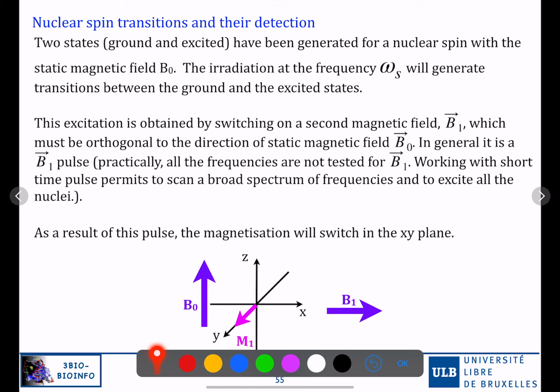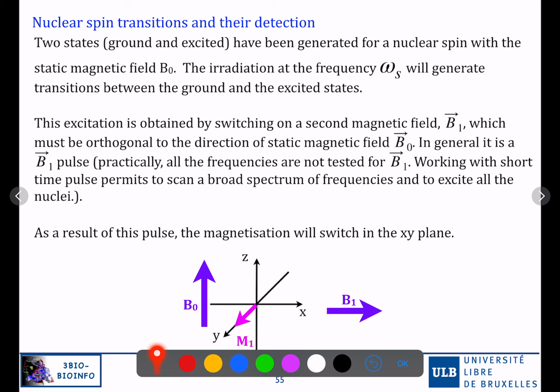What we will do then is to irradiate the sample at a frequency that is close to the Larmor frequency, with the objective of generating now transitions between the ground and the excited states. And how do we obtain that? We'll obtain that by switching on a second magnetic field, B1, and this second magnetic field must be orthogonal to the direction of the first magnetic field, B0.